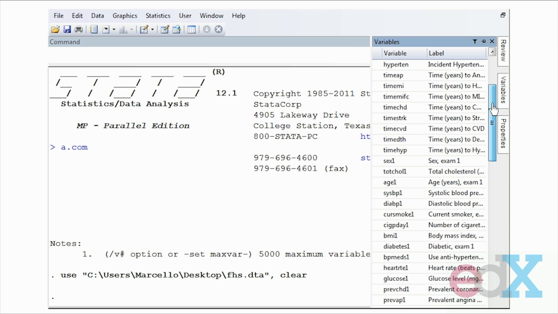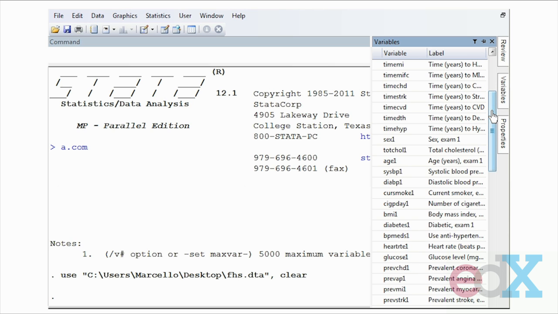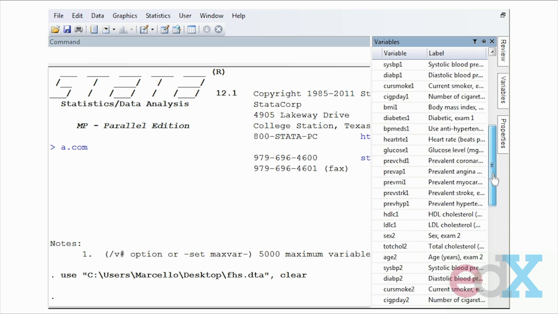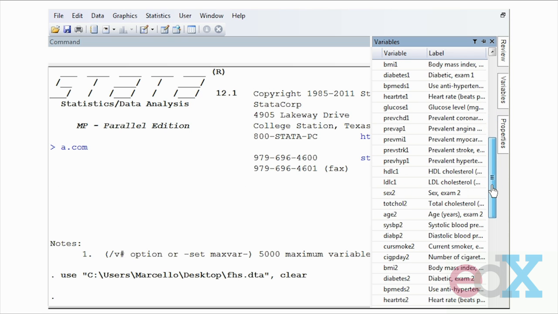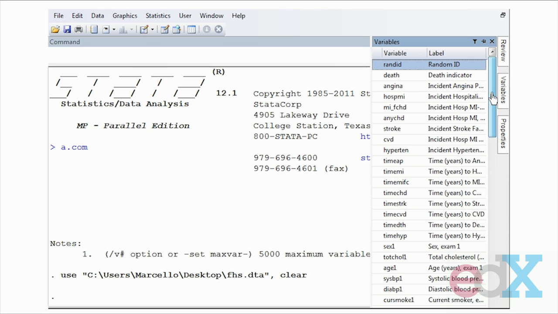So for example, let's scroll down here. Here we go. We know here there's the systolic blood pressure 1. Well, there's also systolic blood pressure 2. So we might want to know whether there's a difference in systolic blood pressure at visit 1 and systolic blood pressure at visit 2. Or total cholesterol, there it is, cholesterol at time 1, cholesterol at time 2. Those are the kinds of issues that would lend themselves to doing a dependent test.